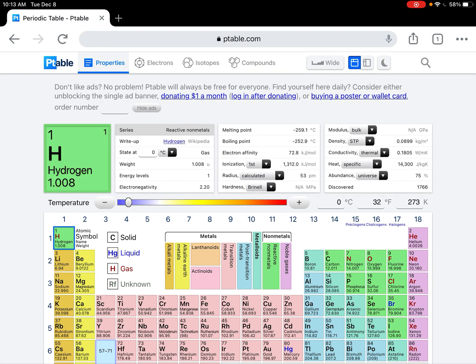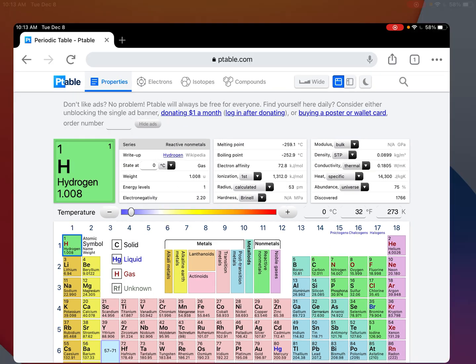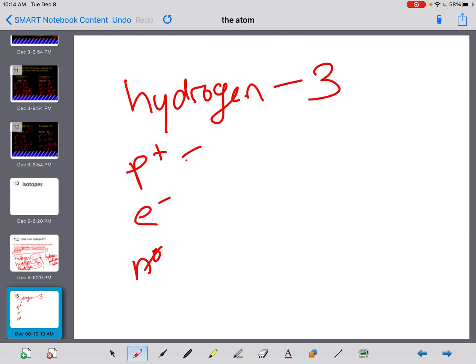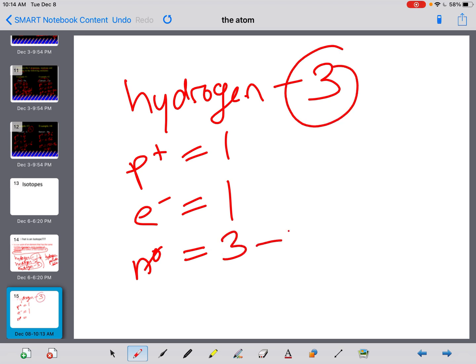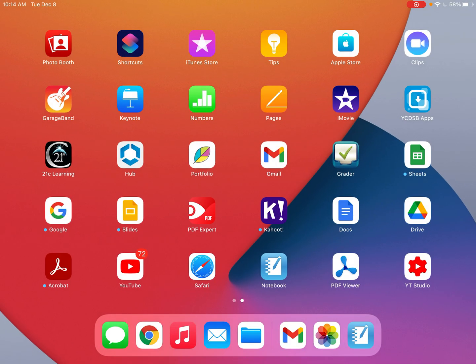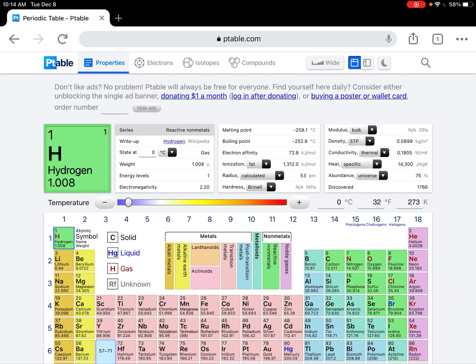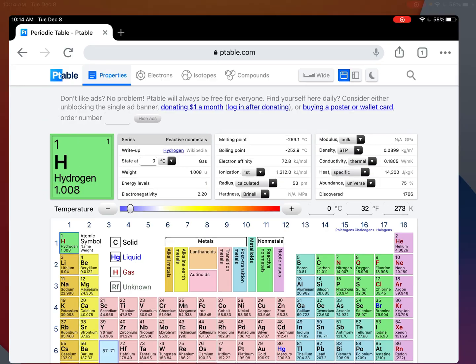The proton number is 1, which means my electrons are 1. But for the neutron calculation, I'm going to be using this number instead of the value from the periodic table, because the periodic table is showing me that the average is 1.